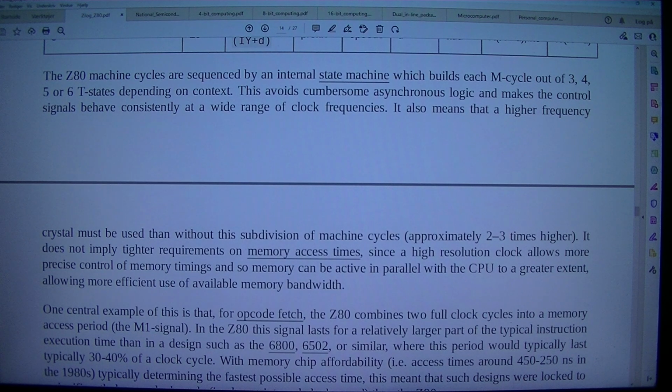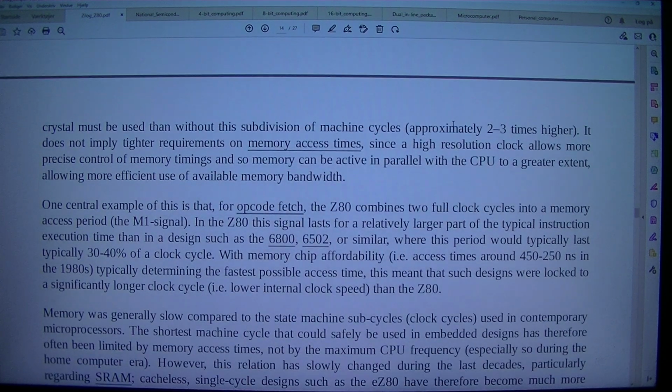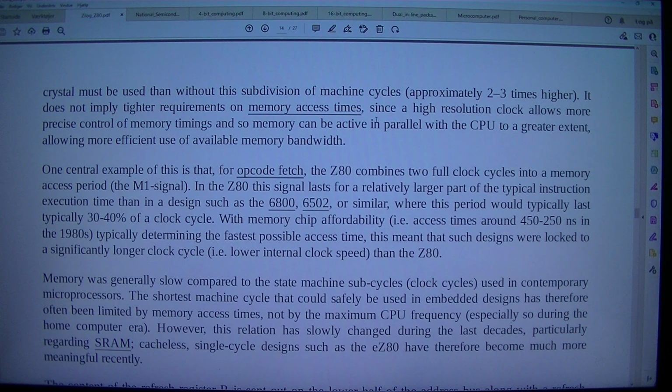The Z80 machine cycles are sequenced by an internal state machine which builds each M cycle out of 3, 4, 5 or 6 T states depending on context. This avoids cumbersome asynchronous logic and makes the control signals behave consistently at a wide range of clock frequencies.